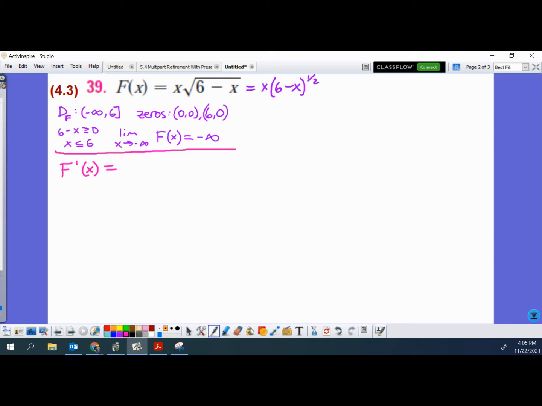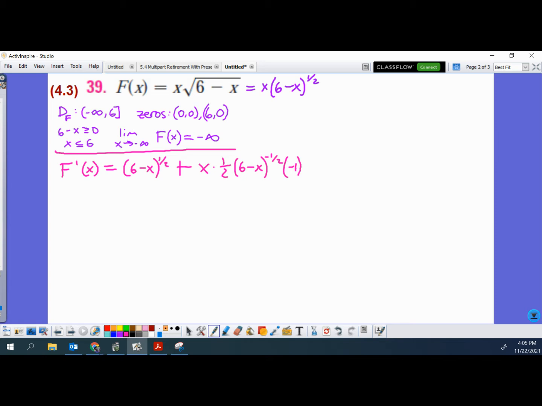So I'm going to do a product rule. U prime, that's my u, right? It's just going to be 1. 6 minus x to the 1/2 plus u, which is just x, and then my v prime, which is going to be 1/2 times 6 minus x to the negative 1/2 times the derivative of the inside there, which is negative 1.